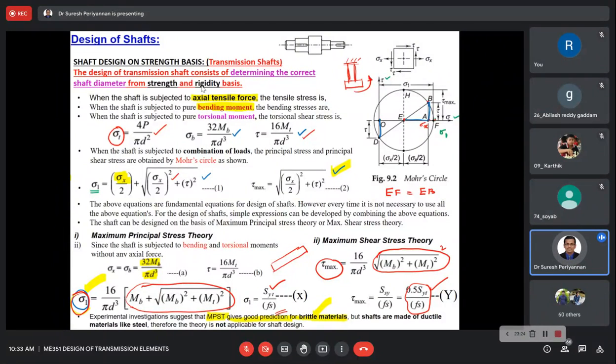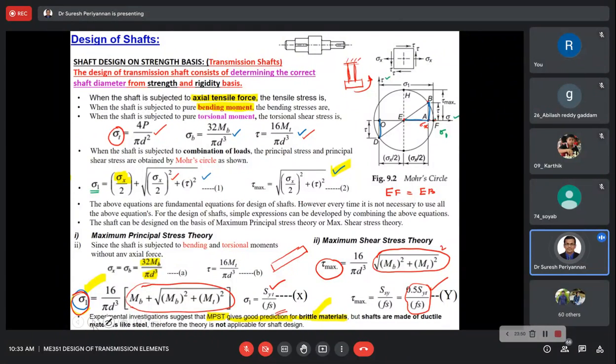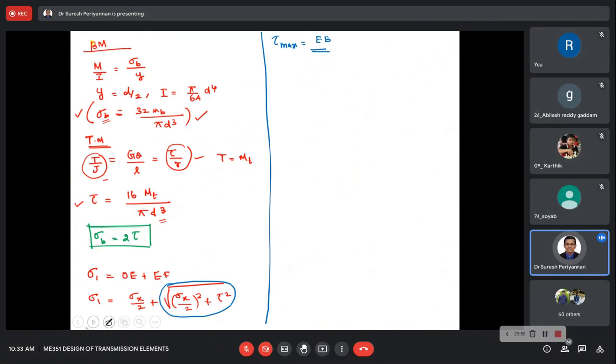We are going to introduce the keyways, or threaded portions, whatever. So based on that, we cannot use the bending moment and torsion moment directly, right? Because we are introducing the keyways for connecting pulleys or gear mechanisms on the shaft. Hence, we have to use some multiplication factor along with the bending moment and torsion moment. That is suggested by the ASME standards.